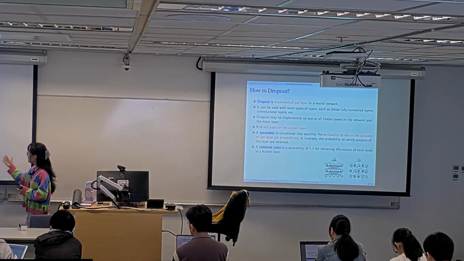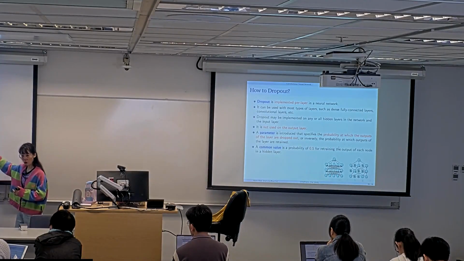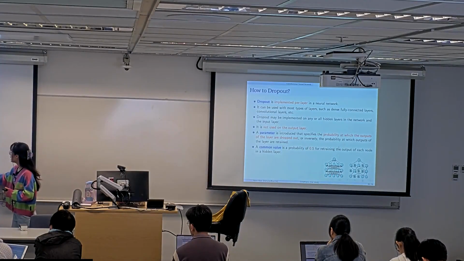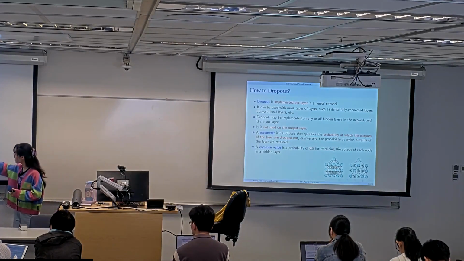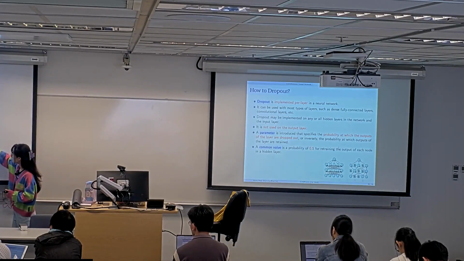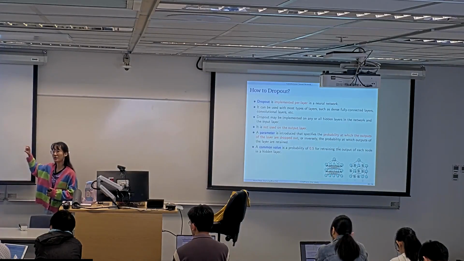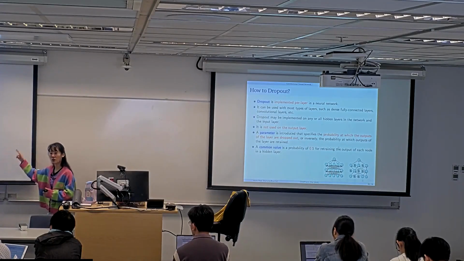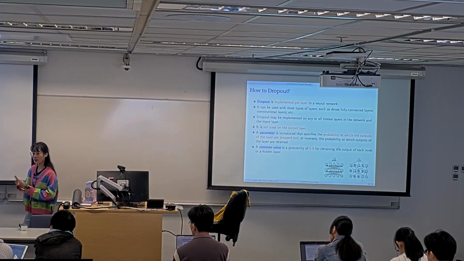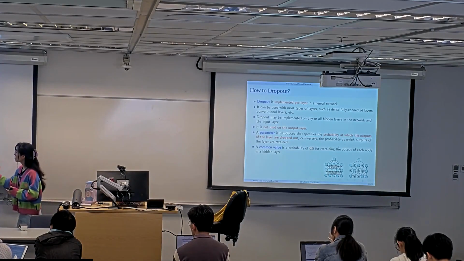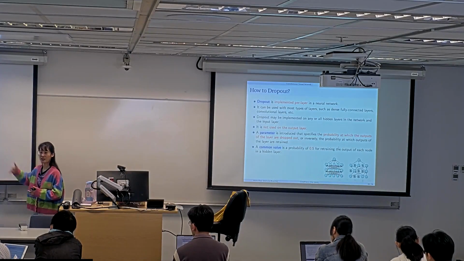For example, in one step, after random sampling, these two nodes should be ignored, these three nodes should be ignored, these two nodes should be ignored. Note that they are totally randomly decided. After these nodes are ignored, as you can see, the number of edges is reduced significantly.